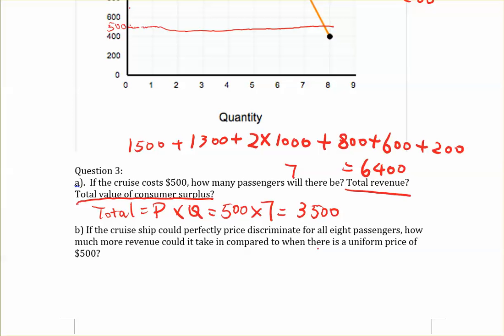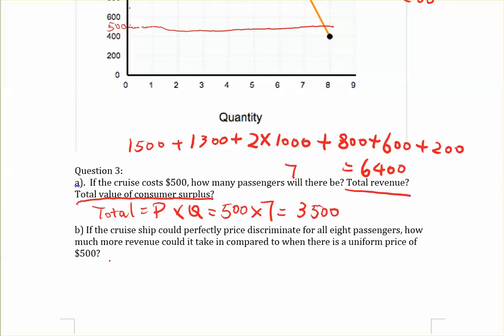When we charge the consumers $500, we have 7 consumers and the total revenue equals $3,500. So the question is, do we really need to calculate the final answer? Yes, we definitely need to calculate, but do we need to calculate one by one? The answer is no.